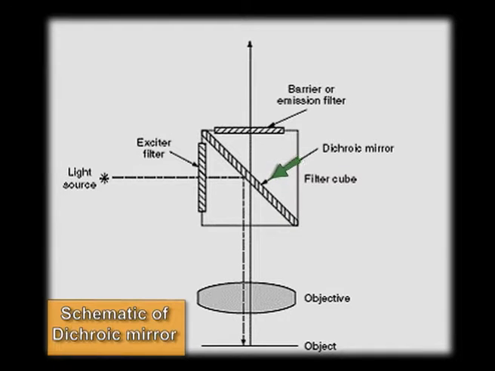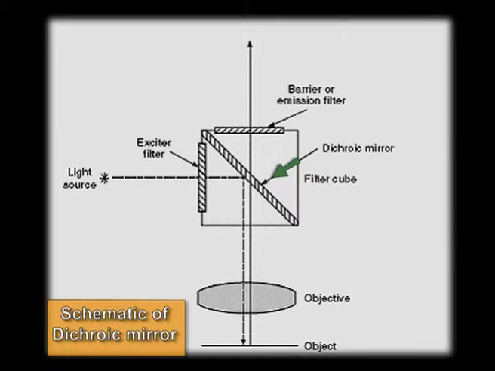The importance of a dichroic mirror is that the glass or the optics is such that it allows shorter wavelength to get reflected while the longer wavelength could pass through. As you know, in fluorescence, the incident light is of shorter wavelength than the emitted light. So the emitted light will pass through the dichroic mirror. It is arranged at an angle of 45 degrees in the filter cube.